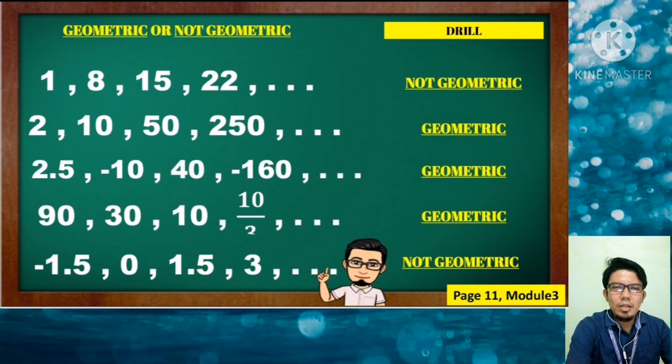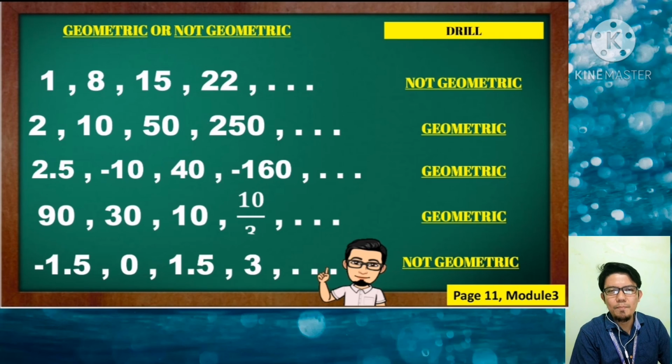Item number 4, 90 becomes 30, 30 becomes 10, 10 becomes 10 over 3. So it is decreasing, meaning there is a fraction that you are going to multiply. That is 90 multiplied by 1/3. What is 1/3 of 90?